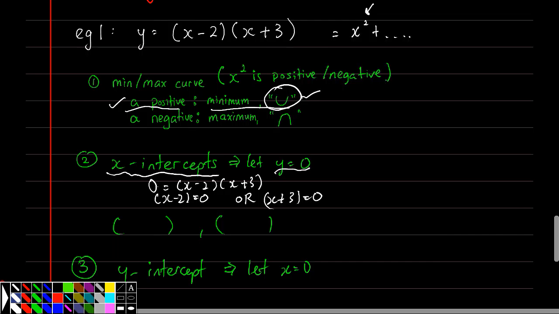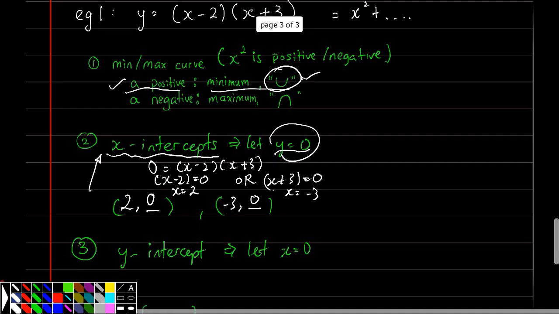And then when I solve, I know x equals 2, x equals negative 3. So I have 2 comma something, negative 3 comma something. Now this is the x-intercept, which means y is 0. So I know this is 0, this is 0. Now how does this help us?